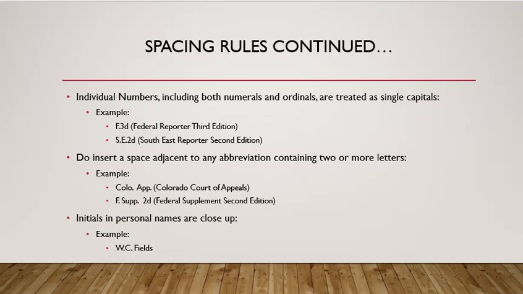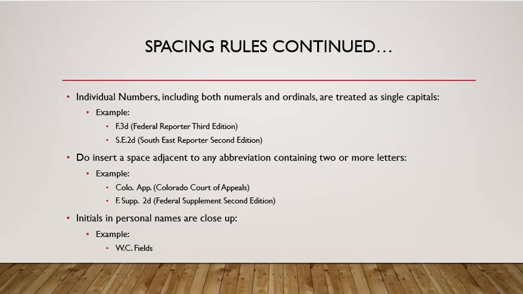Continuing, individual numbers, including both numerals and ordinals, are treated as a single capital. For example, F period 3d, no spaces in there at all, is Federal Reporter 3rd edition. Now for Southeast Reporter 2nd edition, similarly, it's going to be S period E period 2d, no spaces in there as well.